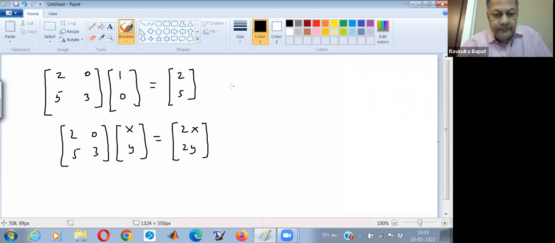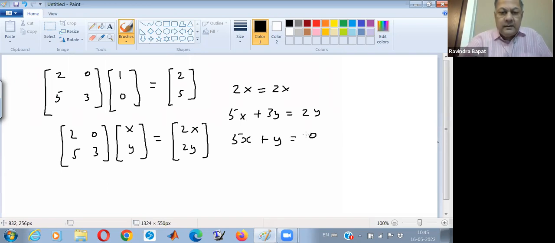I get the equations 2x is equal to 2x, which is always true, and then 5x plus 3y is equal to 2y, which means 5x plus y is 0. So as you can see, a non-negative eigenvector will not exist because of this second equation. If both are non-negative and the vector is a non-zero vector, then this cannot be 0.